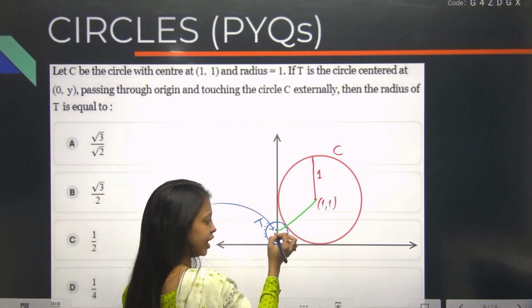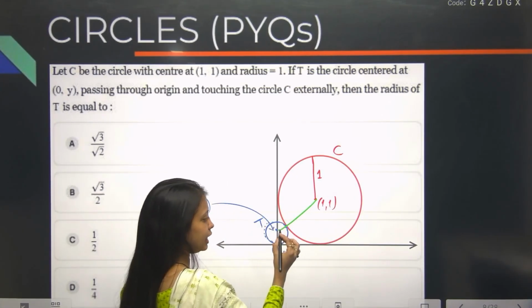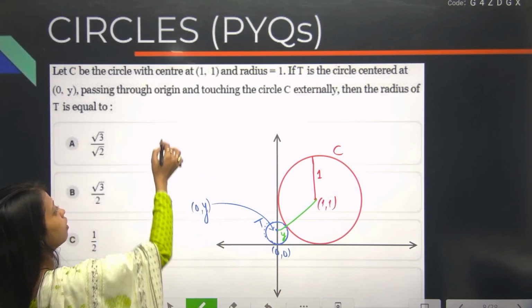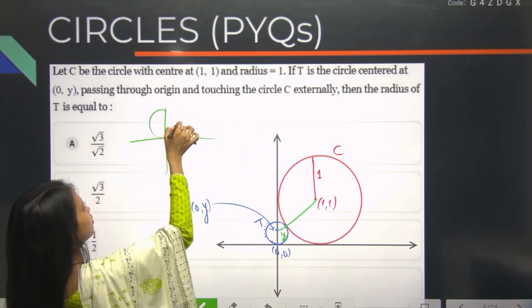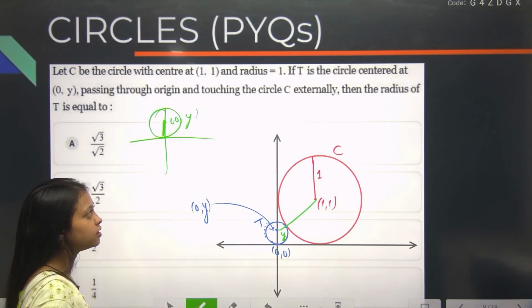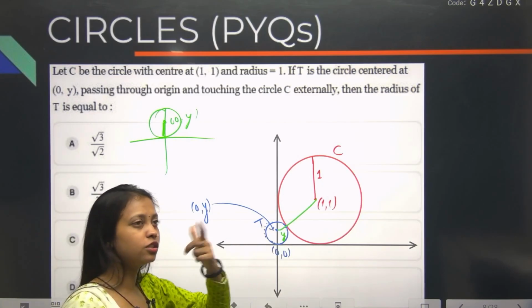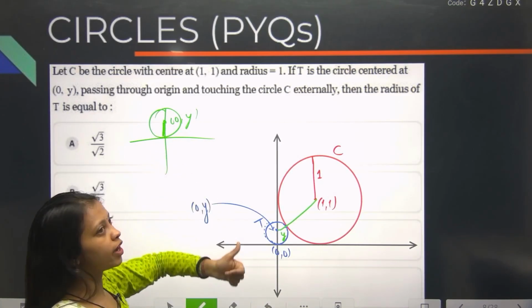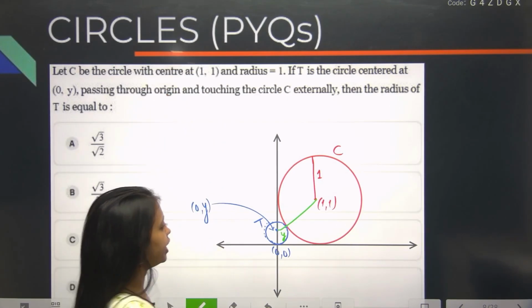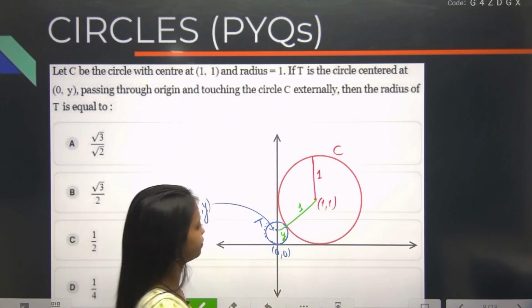So the radius of the smaller circle, circle T, is going to be y, because the center is 0 comma y, and it touches the 0, 0, no? So the radius has to be y. Correct? The radius of this circle is 1.